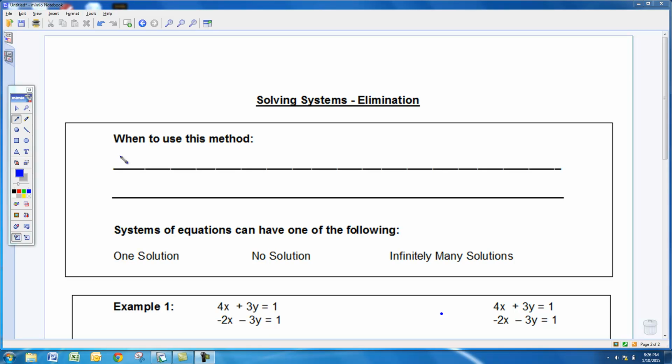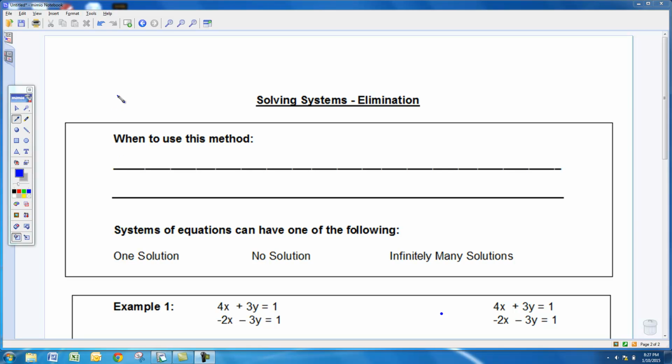Today we're going to talk about solving systems of equations using elimination. So far, the two methods that we have talked about for solving systems of equations are solving systems by graphing and solving systems by substitution. So today we'll be solving systems by elimination.